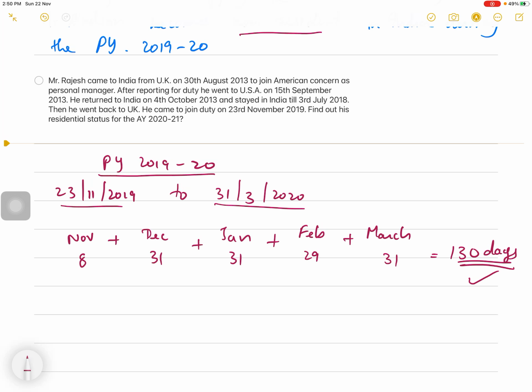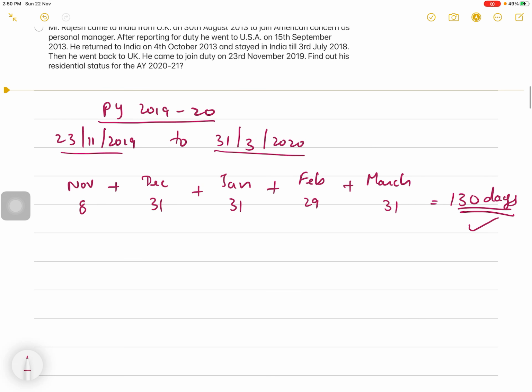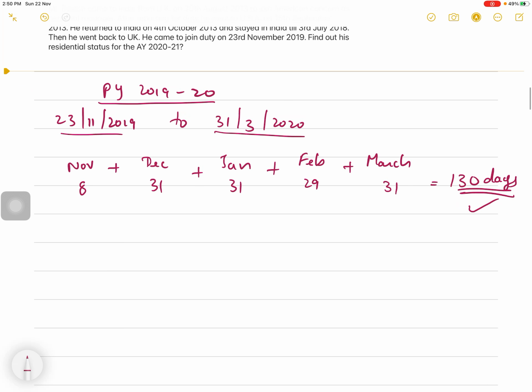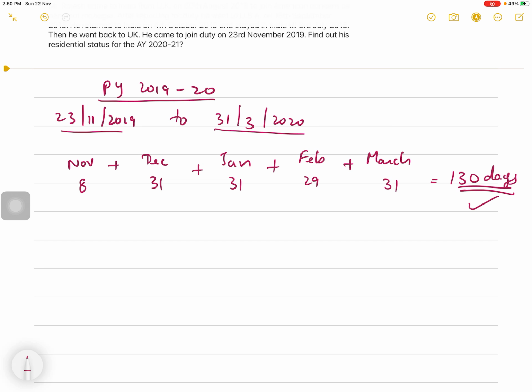Let's see the 4 years preceding the previous year. The 4 years preceding the previous year are 2018-19, 2017-18, 2016-17 and 2015-16.